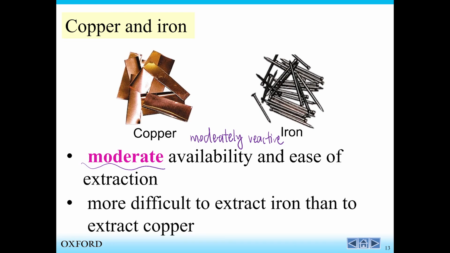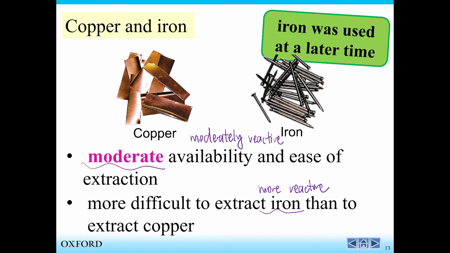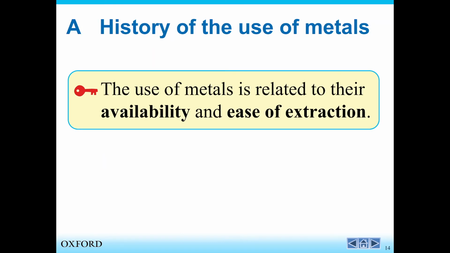It's more difficult to extract iron than to extract copper, and we'll also learn why some metals are more difficult to extract. Obviously, it's because of their reactivity. Iron is more reactive than copper, and the more reactive a metal is, the more difficult it is to extract. That's why iron was used at a later time when compared to copper.